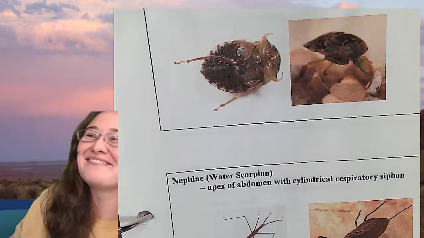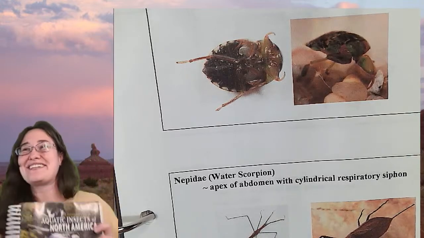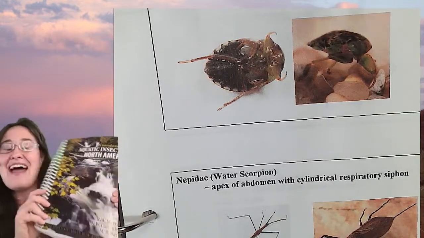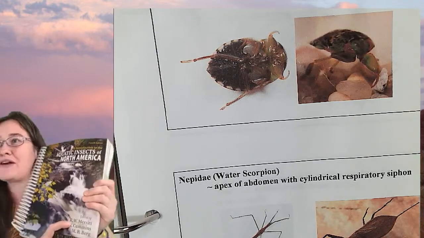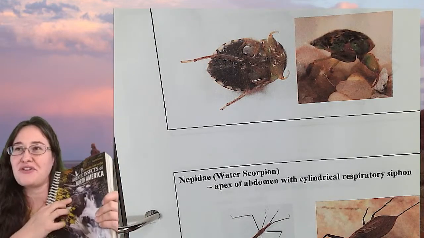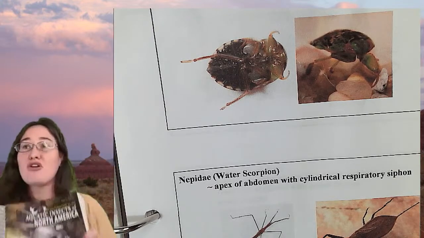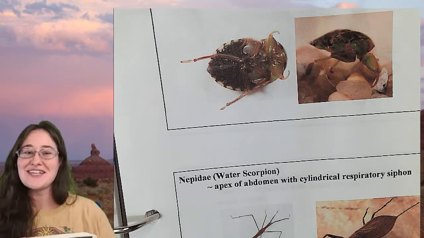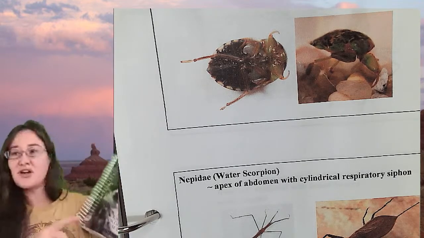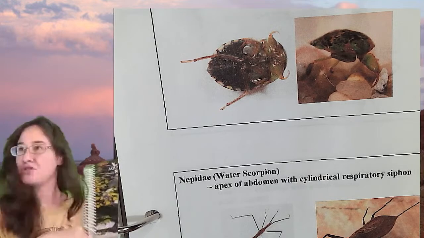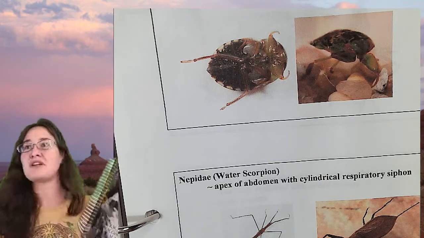No, Ken and Marty would give me heck for saying that. All three of them wrote this book together. So I took this class with Rich Merritt, and he wrote the Aquatic Insects of North America book, and he was like the coolest dude. He was also a forensic entomologist, so shout out to Dr. Merritt. But some of my other notes from the very beginning were from a different class.